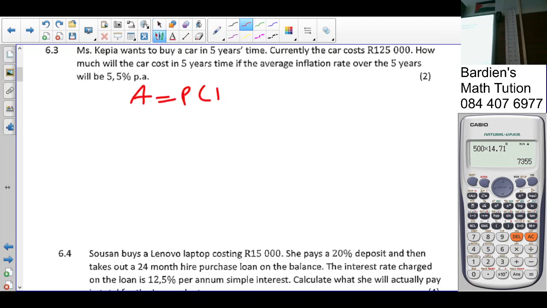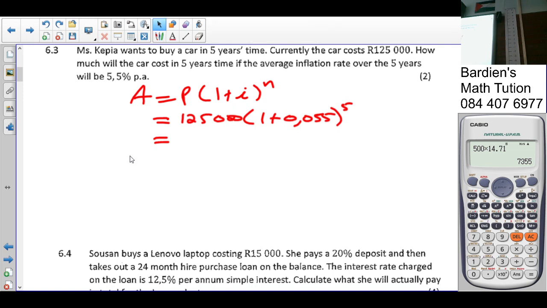A is equal to P into 1 plus i to the exponent n. Currently the car costs 125,000, so 125,000 into 1 plus 0.055 to the exponent 5. That gives us what? 163,370. All okay with that? No confusion here.